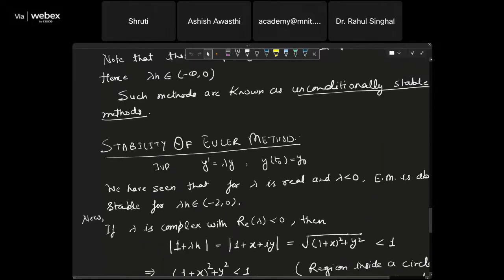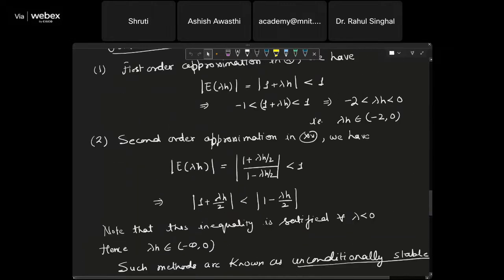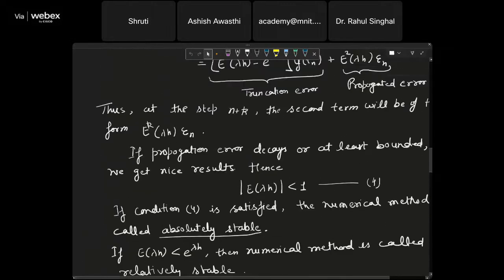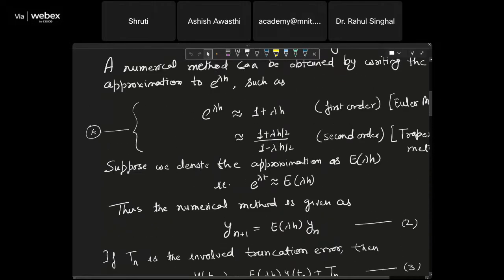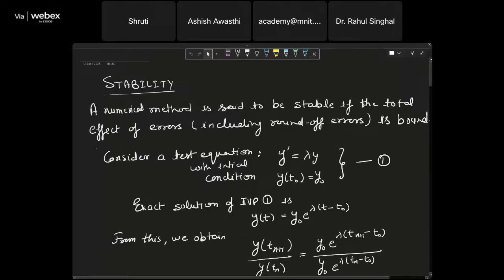Here I have prepared it for you. What do we understand by the stability of a numerical method? What do we mean by stability? A numerical method, as I've written here, is said to be a stable numerical method if the total accumulated error, which also includes the round-off error, is bounded.